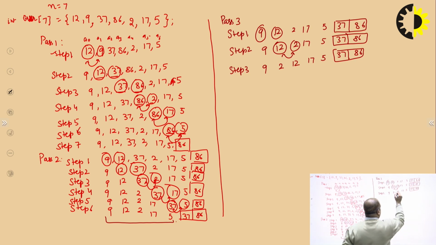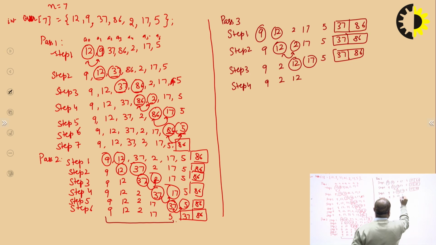After this step, we check this element with this element. We see 12 is smaller than 17. So no change will be made and the array will remain the same for step 4. For step 4, it will be 9, 2, 12, 17, 5, 37 and 86.